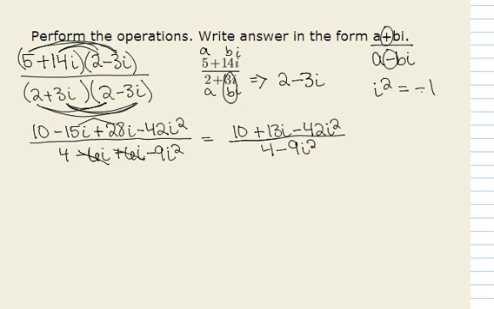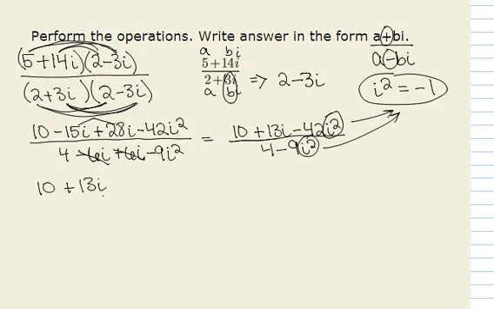So anywhere that we have an i squared in our expression, we can replace it with negative 1. So we'll have 10 plus 13i minus 42, replacing the i squared with a negative 1, all over 4 minus 9, replacing the i squared with negative 1.